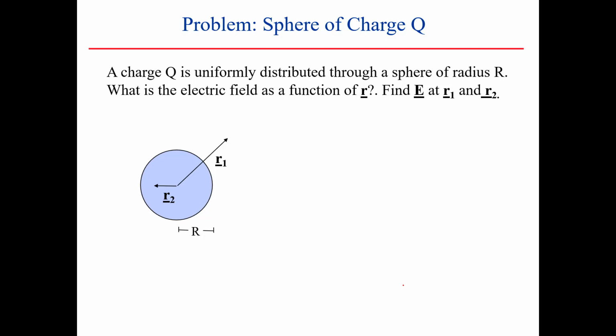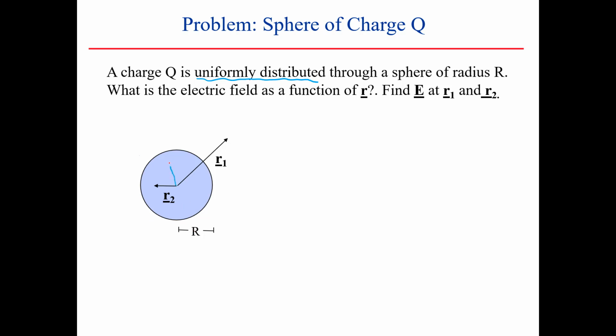Okay. So, you have here a solid sphere, meaning it is not hollow. It is not empty inside. It is not a basketball, but a solid sphere. Okay? And the total charge of the sphere is Q. And it is uniformly distributed through the sphere with radius r.